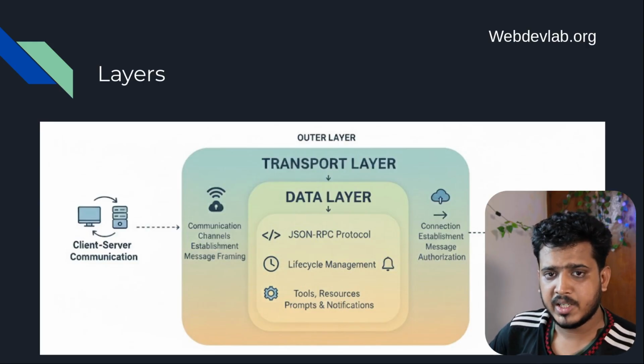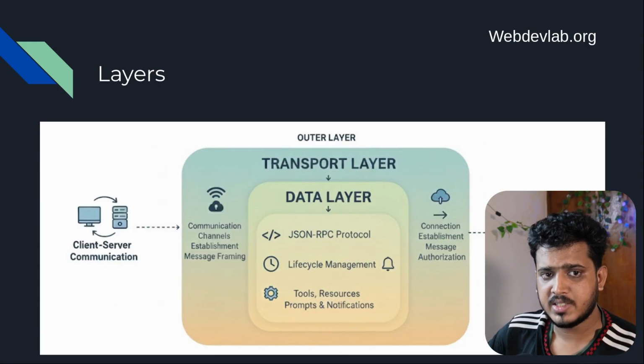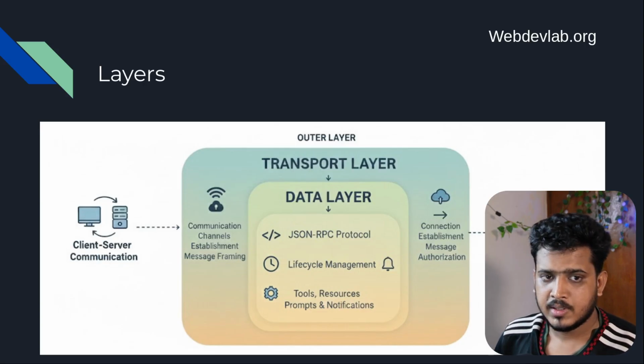The transport layer manages communication channels and authorization between clients and servers. It handles connection establishment, message framing, and secure communication between MCP participants. MCP supports two transport mechanisms, stdio transport and streamable HTTP transport.